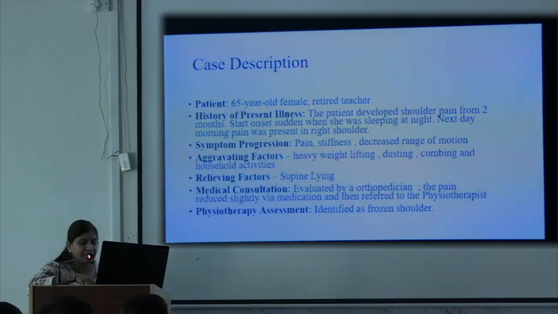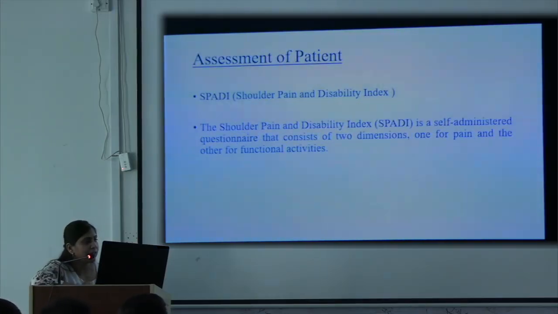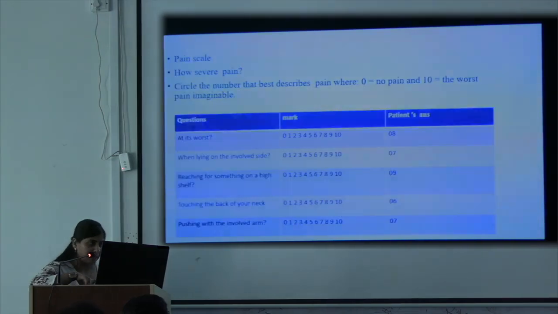Physiotherapist assessment identified it as a frozen shoulder, and the patient was assessed on the Shoulder Pain and Disability Index. It is a self-administered questionnaire that consists of 2 dimensions, one for pain and one for functional activities.